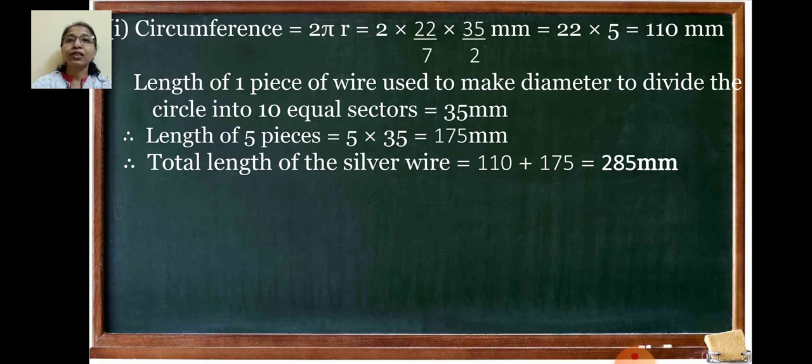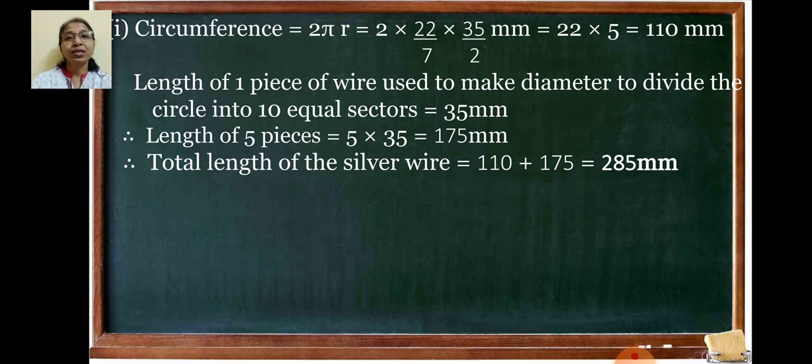So the total length of those 5 diameters is equal to 5 into 35, that is equal to 175 millimeter. Now you add this 175 and 110. So you will get the total length of the silver wire is equal to 110 plus 175, which is equal to 285 millimeter.